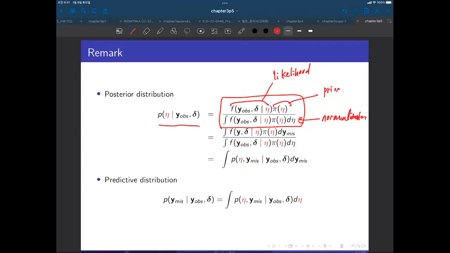So you integrate out over y_miss. Then we can call the numerator the joint density of y and delta and eta.